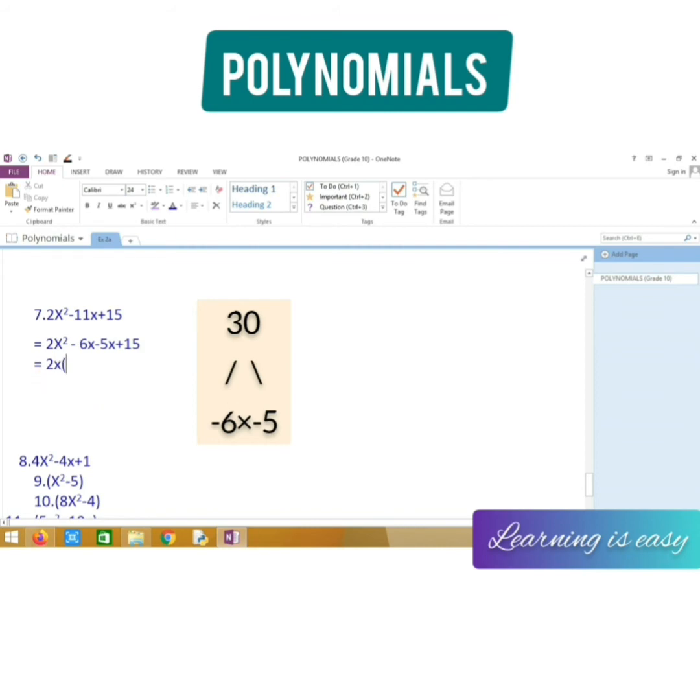So 2x outside into x minus 3 minus 5 into x minus 3. So 2x minus 5 into x minus 3 is 0.